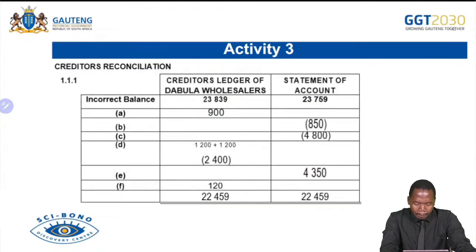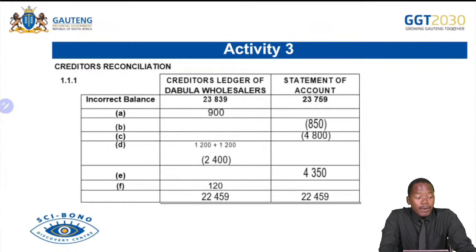Now, let's look at the complete creditors reconciliation. Grade 12s, you can check for letter A, we're having 900 rands, which was added. If it's in brackets, it means it's subtracted. There is B, we're having information C, 4,800. And then we're having the 2,400. Remember, we have subtracted 1,200 twice. And then information E, we just dealt with that.